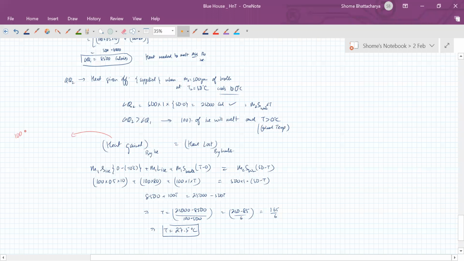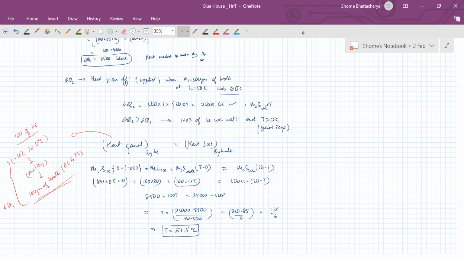The 100 grams of ice, first the temperature is going from minus 10 degrees C to 0 degrees C. Then it is melting, and then that 100 grams of water is going from 0 degrees C to the final temperature T degrees C. So all this heat is absorbed by it. So that is why there is this term here. Okay, good.